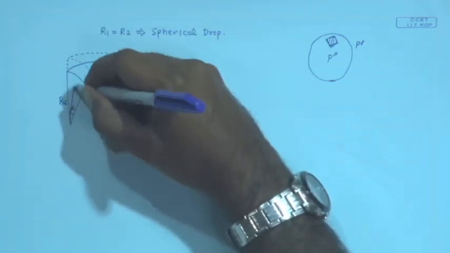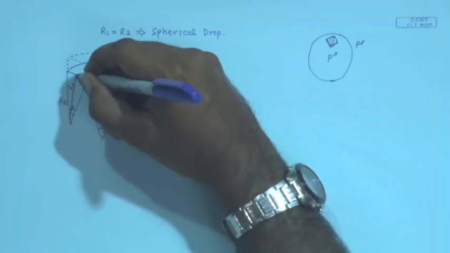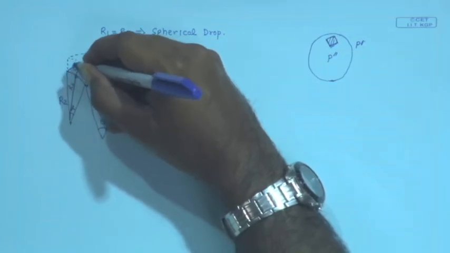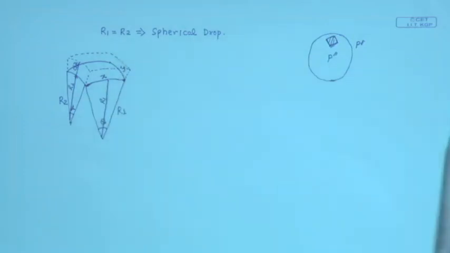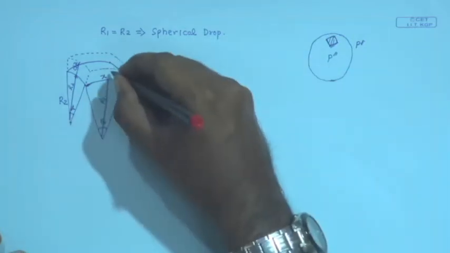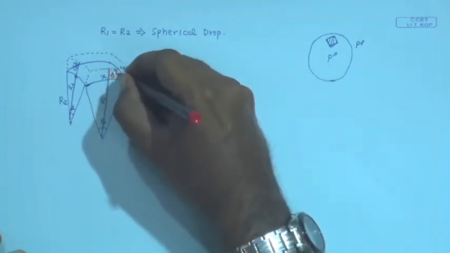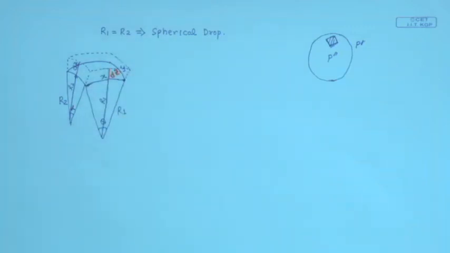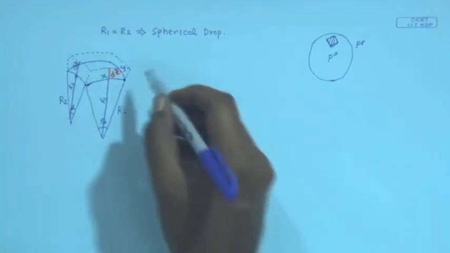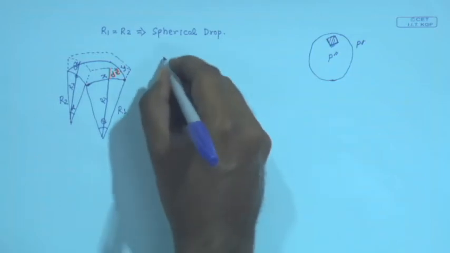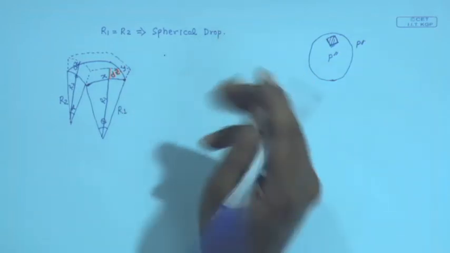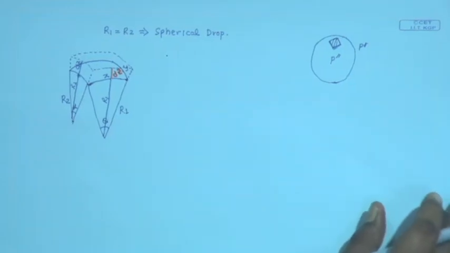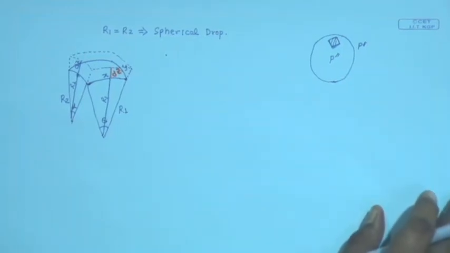So, this was R2, this is delta z, this was R1 and this is delta z. So, there is only one assumption, and which is very logical, that the expansion along both the radii is same. So, it is a sort of an isotropic material, which is a very common assumption to make.